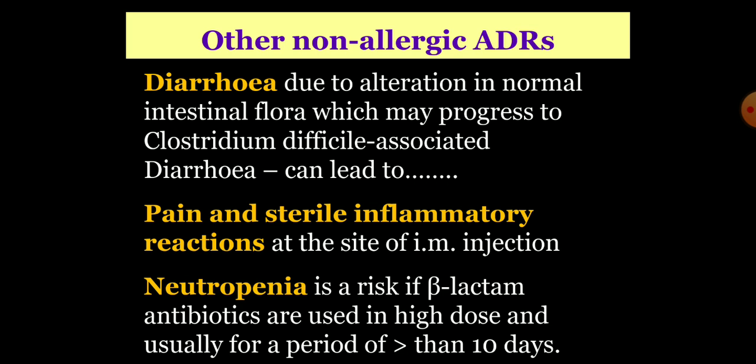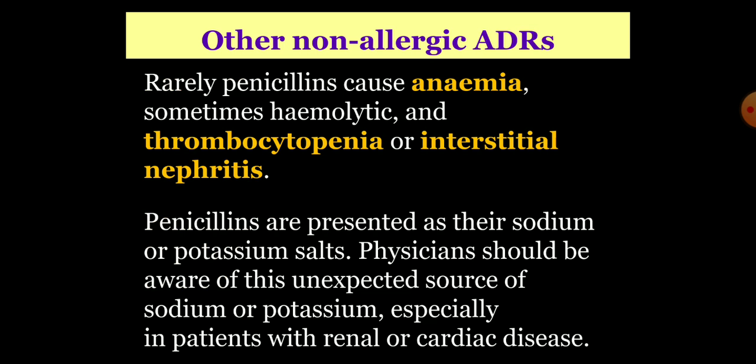Neutropenia is a risk if beta-lactam antibiotics are used in high dose and usually for a period of greater than 10 days. Rarely we see that penicillin is responsible for causing anemia and sometimes hemolytic anemia or thrombocytopenia or even interstitial nephritis.